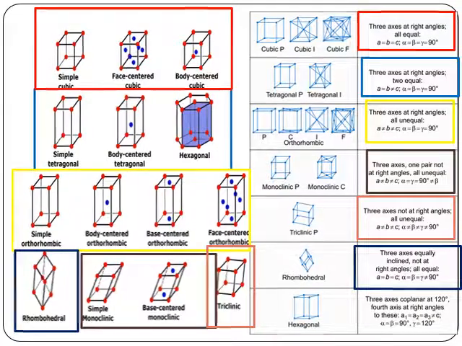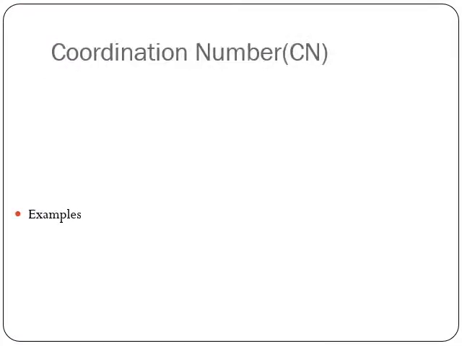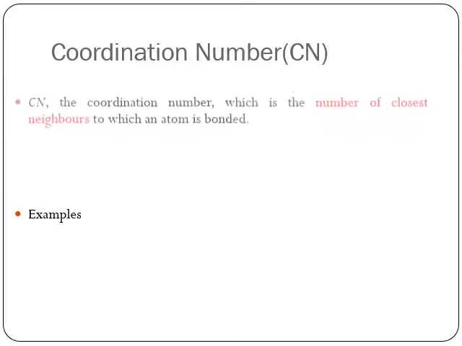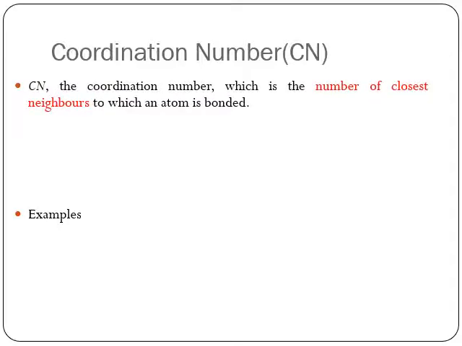So as we move on, once we know the basic crystal structures, that is simple, body centered, face centered, and hexagonal close packed structure, next will be the coordination number. Coordination number is nothing but the number of atoms which are nearby and equidistant.